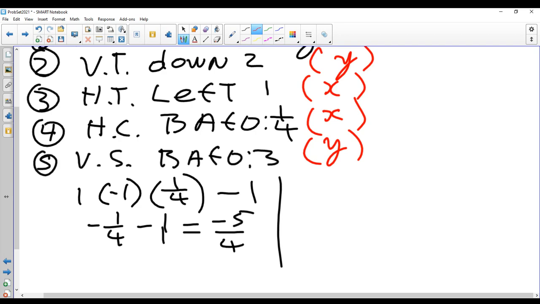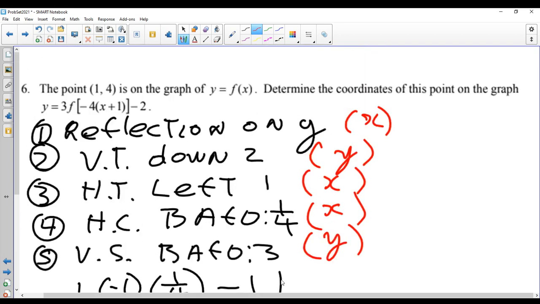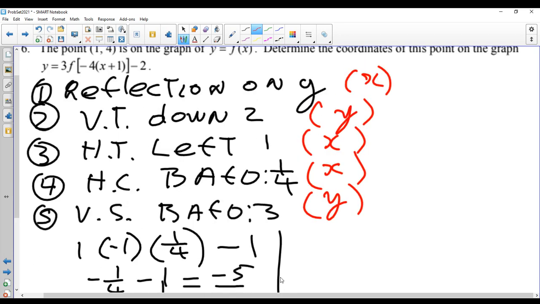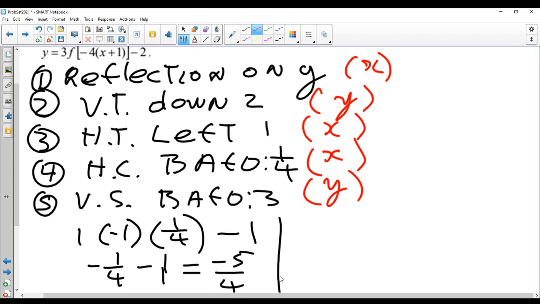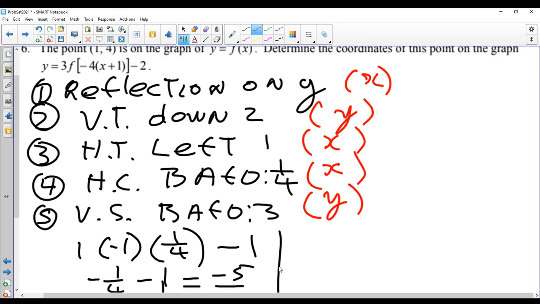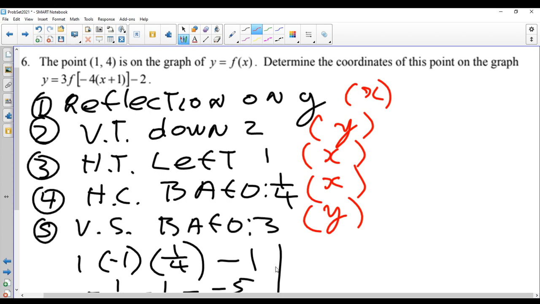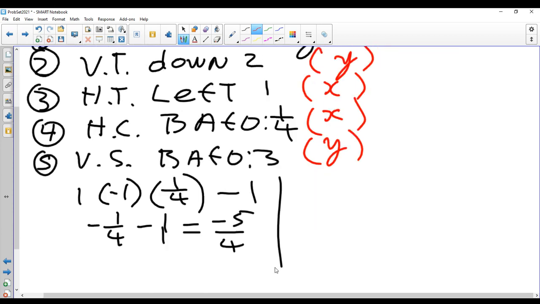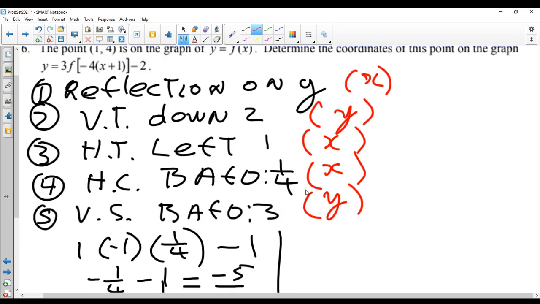Let's get to the y now. The y used to be 4. What's going to happen to this 4? I'll take a volunteer. Okay, Atifa, go. Multiply by 3, subtract 2. Absolutely. It used to be a 4, so 3 times 4 is 12, and then 12 minus 2 is 10.